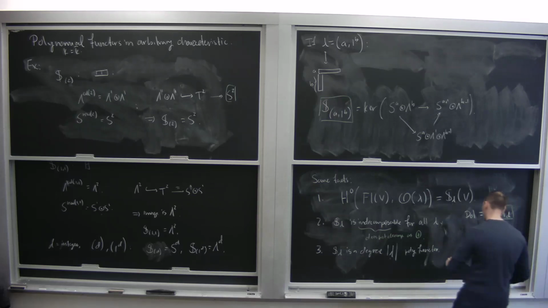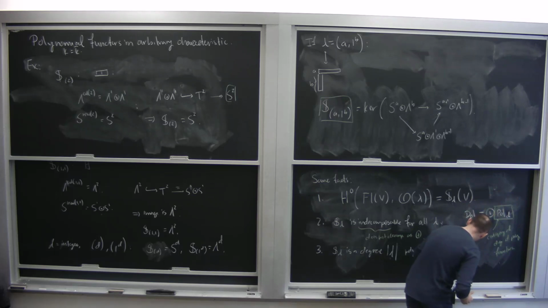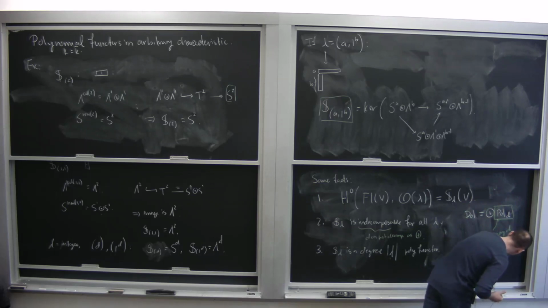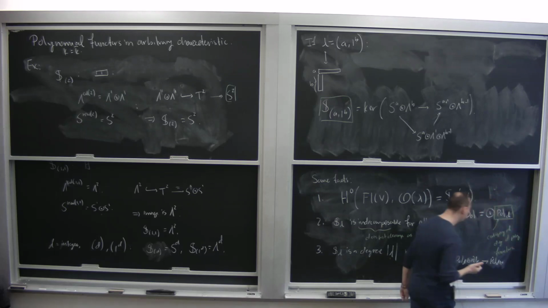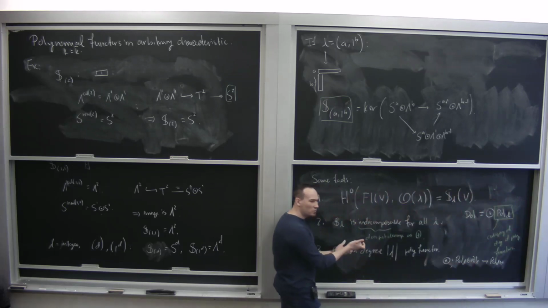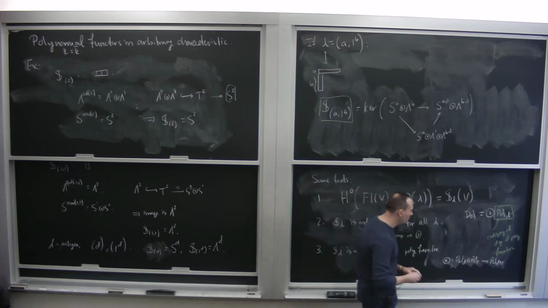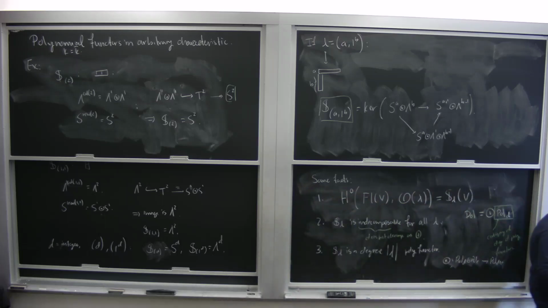So the tensor product functor gives you a bifunctor going from Pol D tensor Pol E to polynomial functors of degree D plus E. These behave remarkably like polynomials in this sense as well, where your monoidal structure is like the multiplication between polynomials. Other questions?